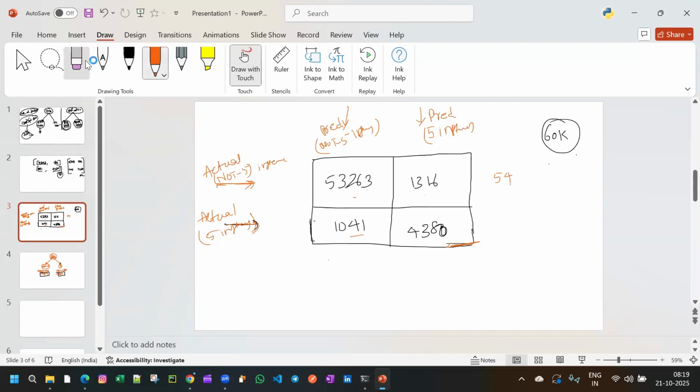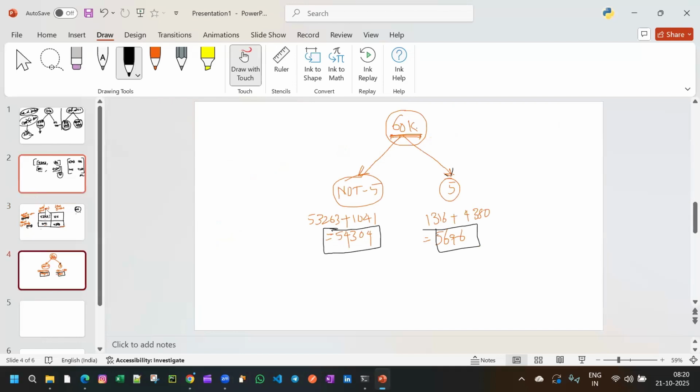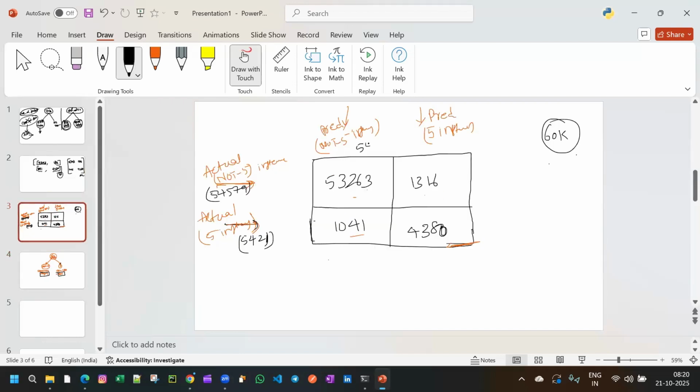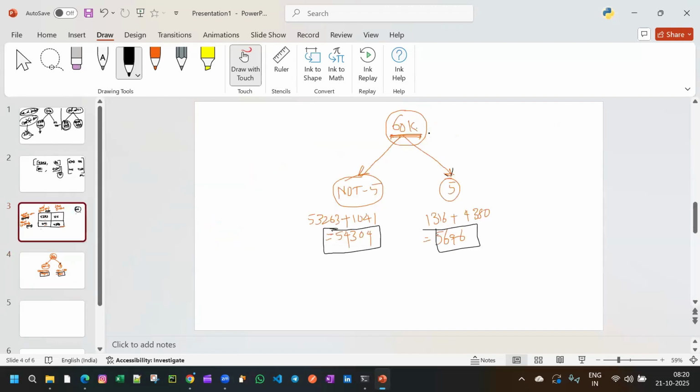I'll write the actual images here: 54,579 is the images, and 5,421 is the images. And here it is coming as 54,304, and next is 5,696.